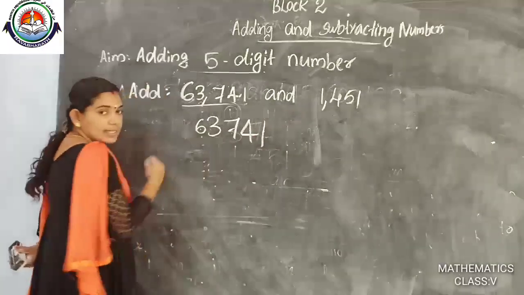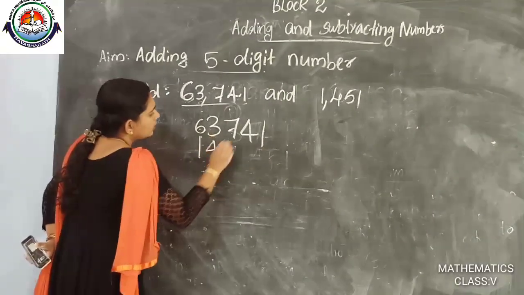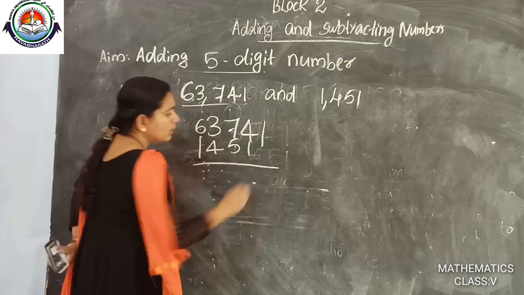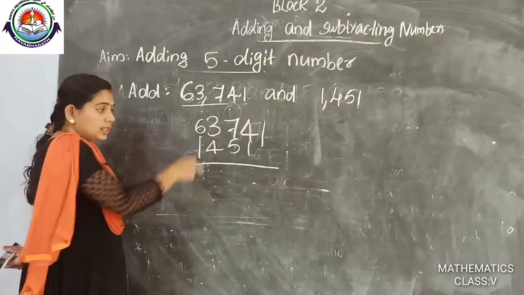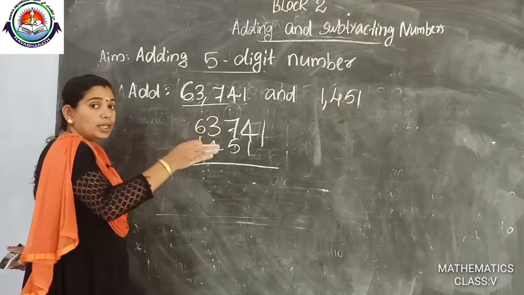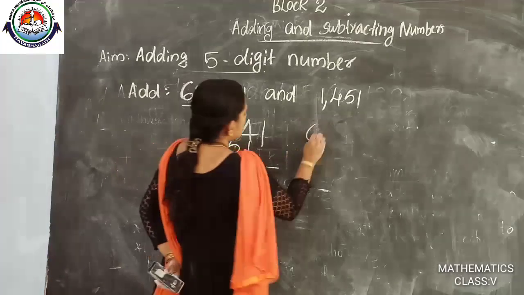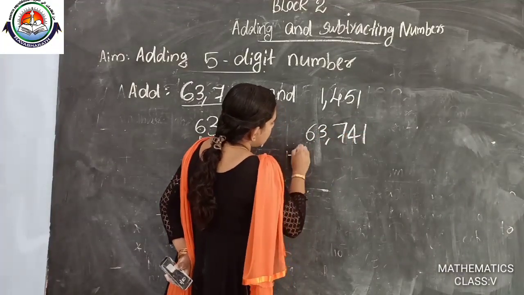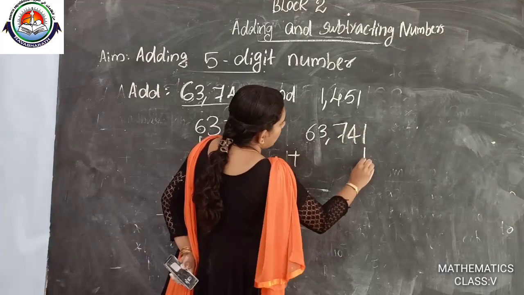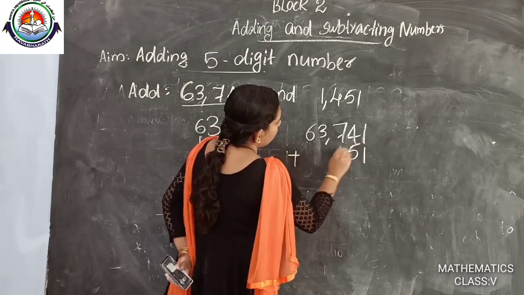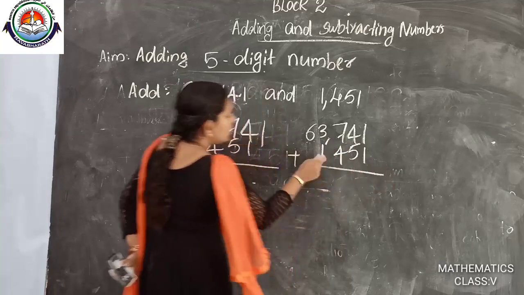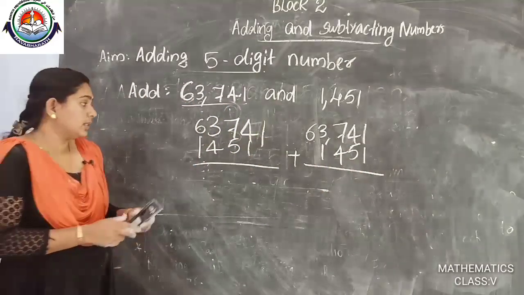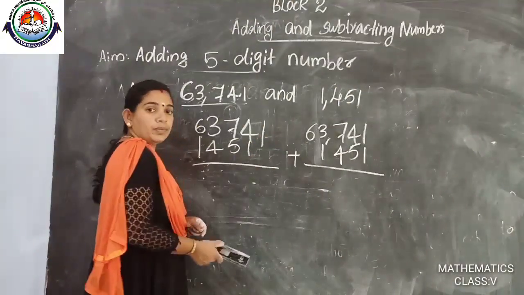Then from here we are starting 1,451. But this is another way. I told you to write from the right side. So 63,741 plus, from the right side 1, then 5, then 4, then 1. Look at the mistake, the difference between those two.